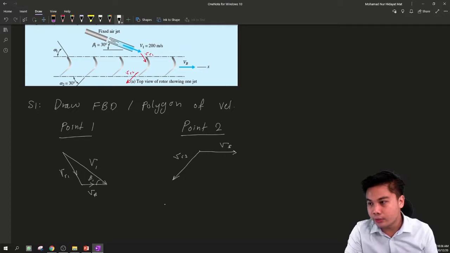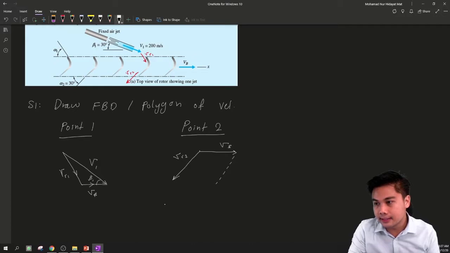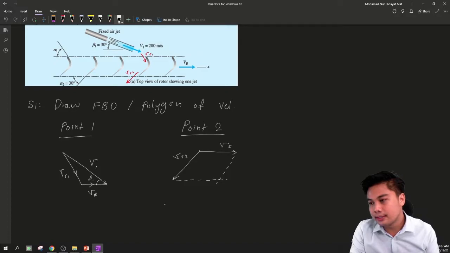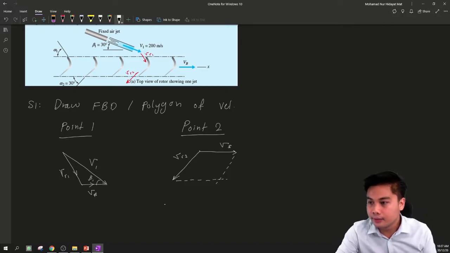How to get it? We create an imaginary line like this, parallel to VR2, and another parallel to VB. The intersection, the overlap region here, will be the resultant V2.